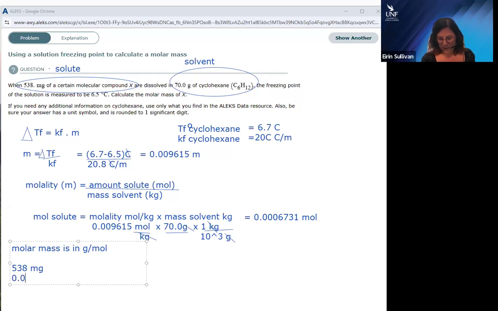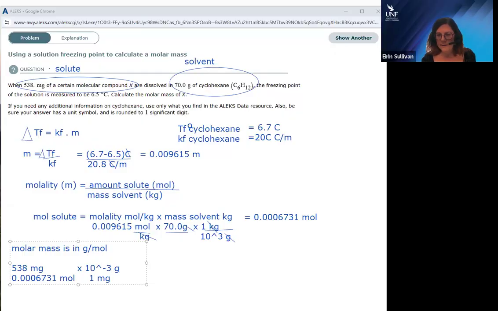Unit conversion. So the amount of moles we calculated was 6731. So at the moment, my units would be milligrams per mole. So I have to just convert milligrams to grams. We know that 1 milligram is 10 to the minus 3 grams.